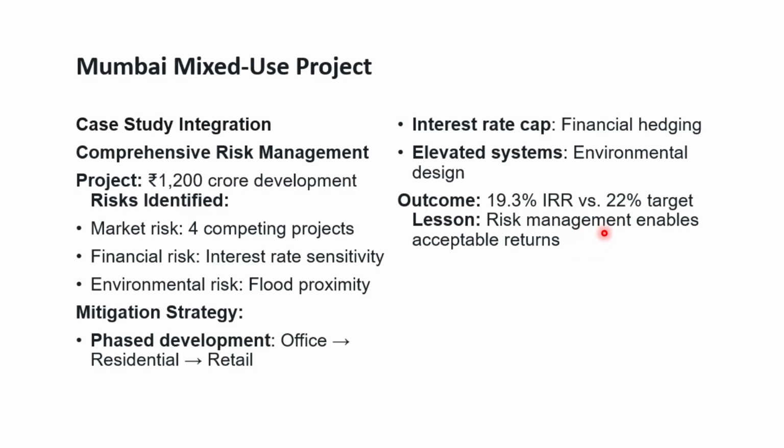The 2.7 percentage point shortfall represents the cost of risk management but ensures project survival and profitability. So we are not going for the best outcome, we are going for the safest. You can see after we have considered the risk management, this is the safest way to achieve our targets, right?